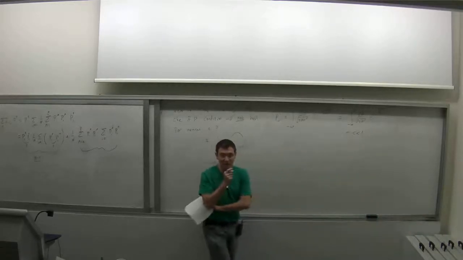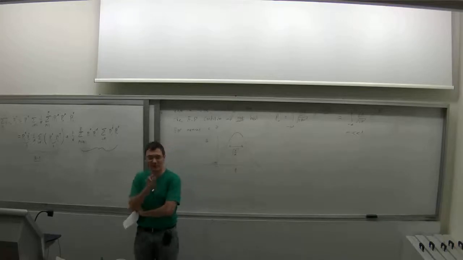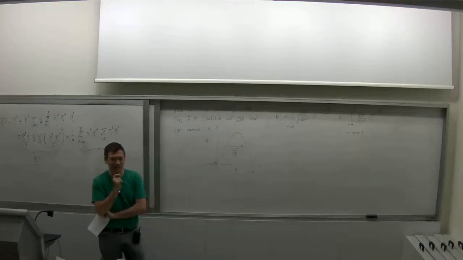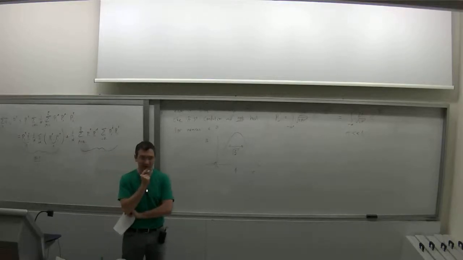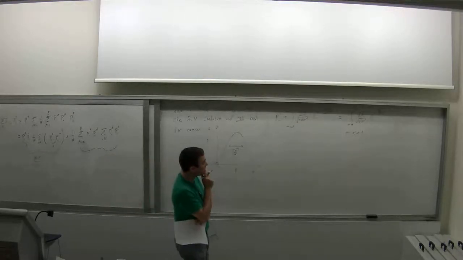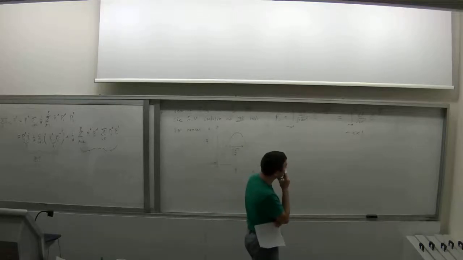So how do we do it? Any suggestions? Did you learn it in any of the mathematical classes? It's not a bound. We will approximate this integral. How do we approach it?